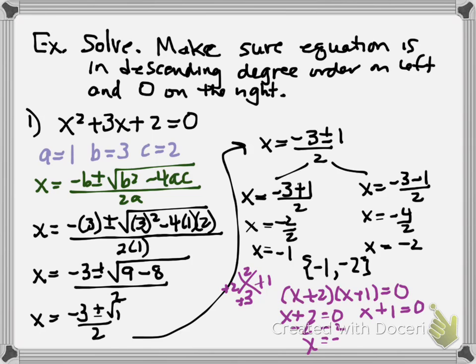Subtracting 2, I get x equals negative 2. Subtracting 1, I get x equals negative 1. So, purple or black? Okay, can you see the difference? That's why factoring is the best strategy if you can use it. If you can't use it, you've got the quadratic formula as your backup. Okay? All right, let's do another one. Let's give you one where it isn't so pretty.